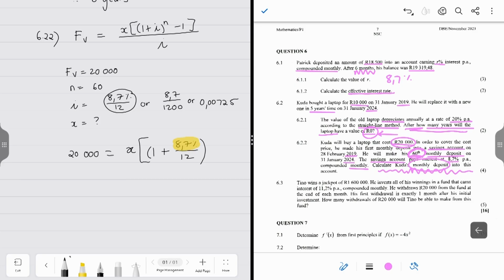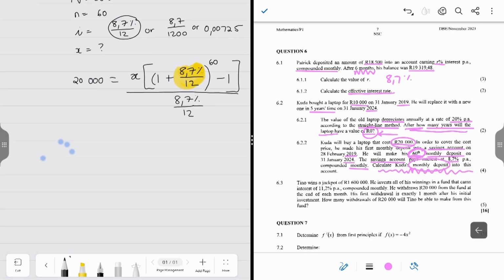Okay, and N is going to be 60, minus 1, close our bracket, all over. Again, whatever we write over here for I gets repeated at the bottom. So we have 8.7% over 12.